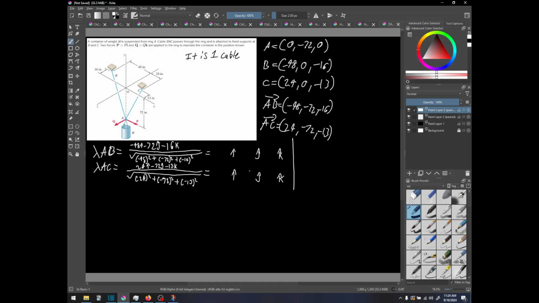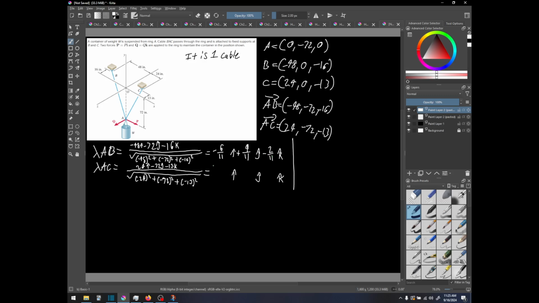So what these are going to be is negative 6 over 11 plus 9 over 11 minus 2 over 11.